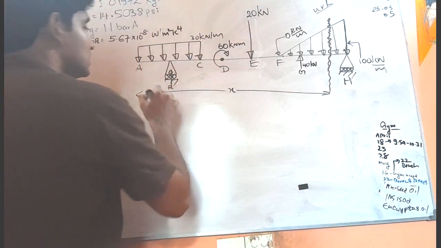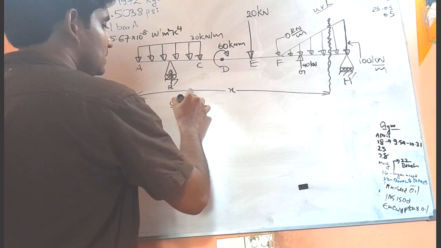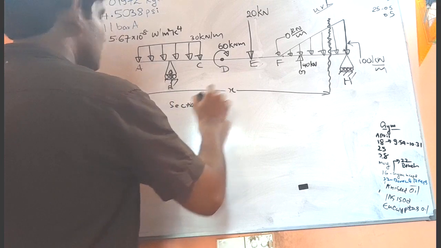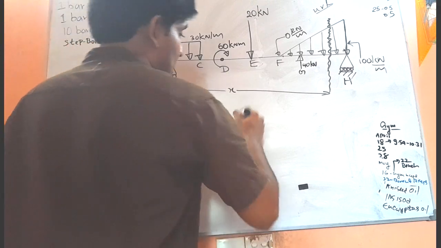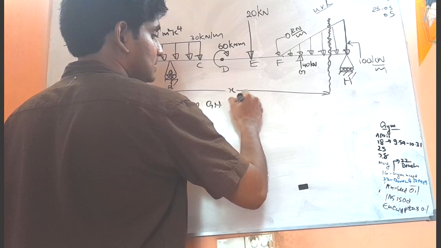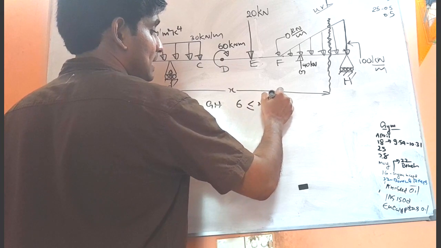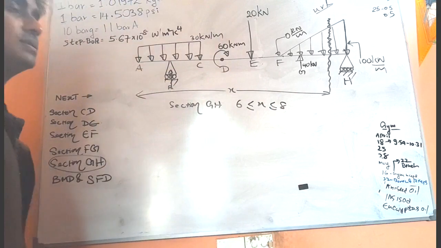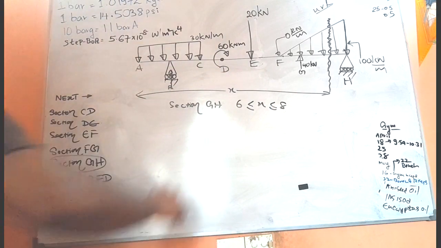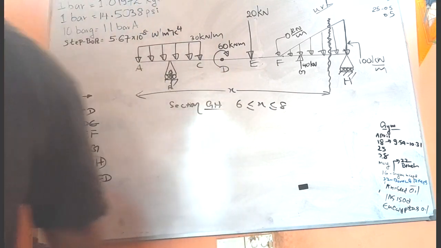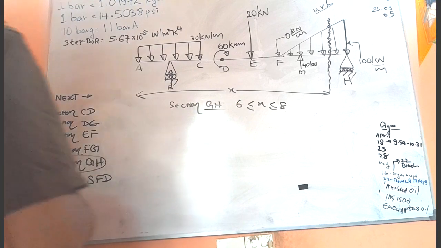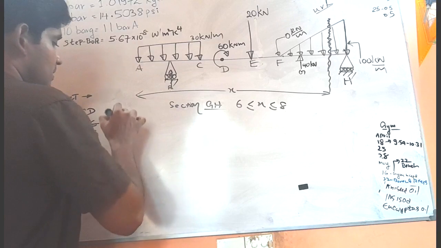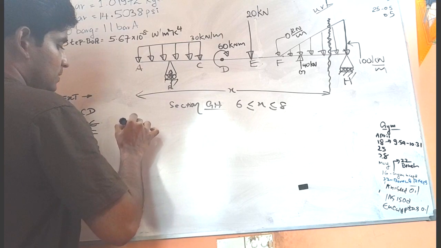So now I am going to consider this section GH, where 6 is less than or equal to X, which is less than or equal to 8, right? So that is how I am going to define the section GH. Okay. Now what is the very first thing that I have to do? I have to consider the shear force for the section GH.